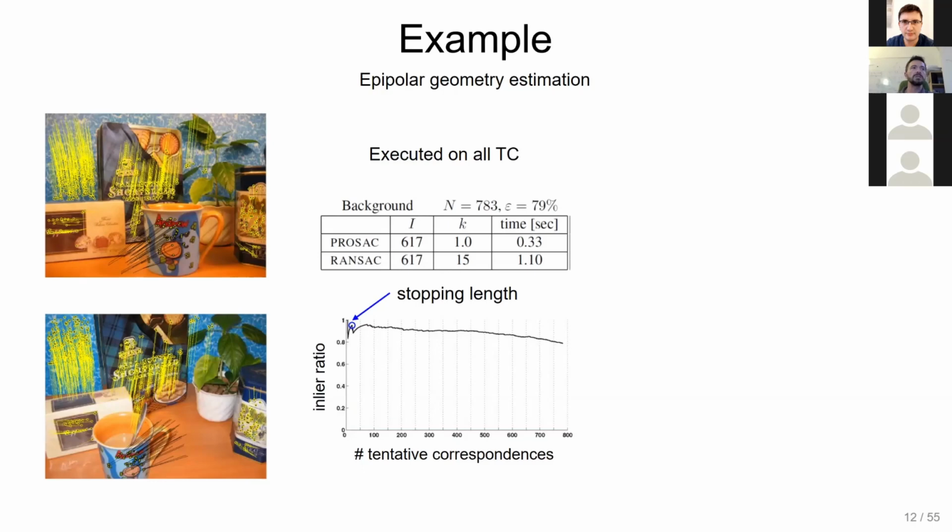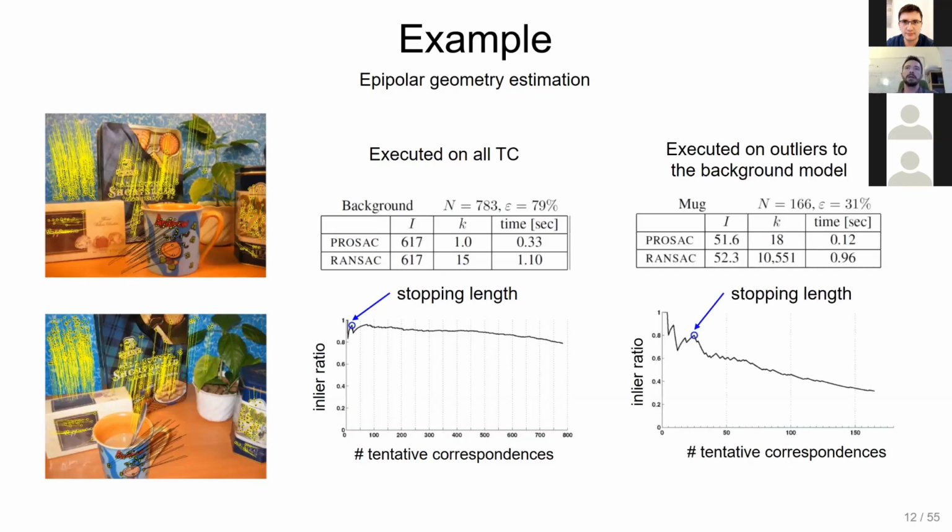Then if we exclude inliers to the background model and we run RANSAC again, then we have only 31% of inliers. And suddenly RANSAC needs 10,000 samples, whereas PROSAC is happy with only 18 samples. And again, the blue circle shows the stopping length.